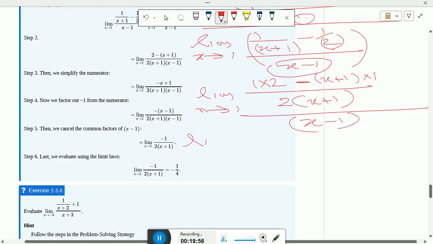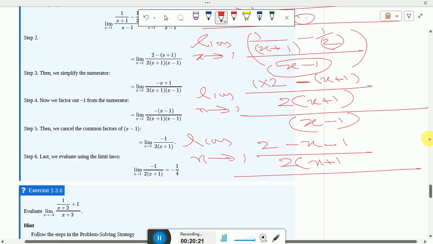Right? So now we can write limit x approaches 1, so 2 minus x. So if I remove here, I can forget this, here 1 I don't need to multiply. If I expand the bracket by multiplying by minus 1, minus x minus 1 over 2 into x plus 1, right?